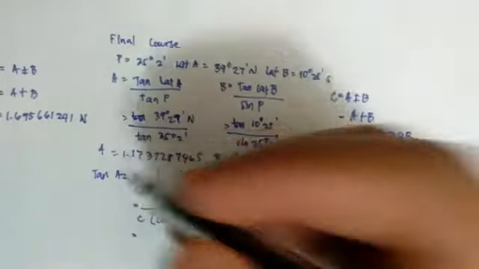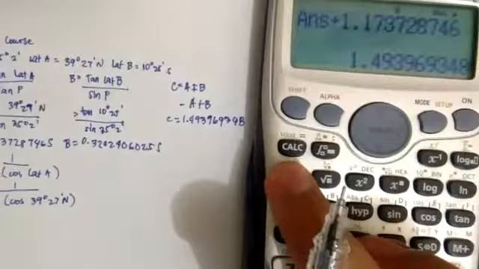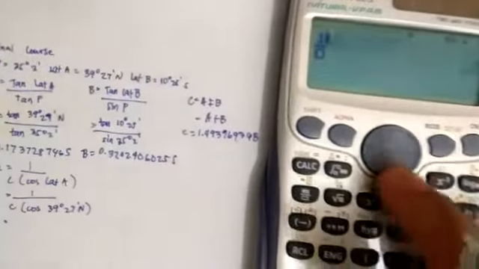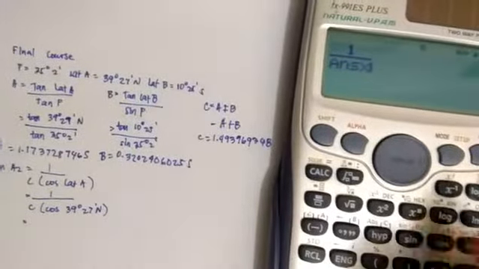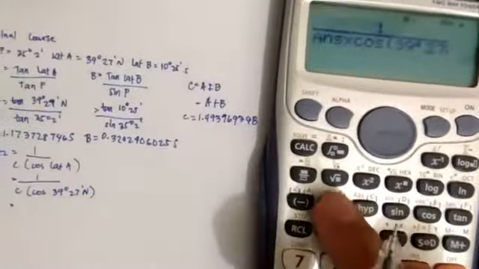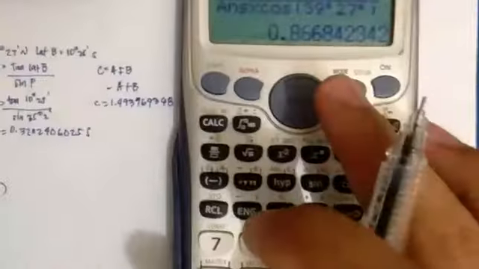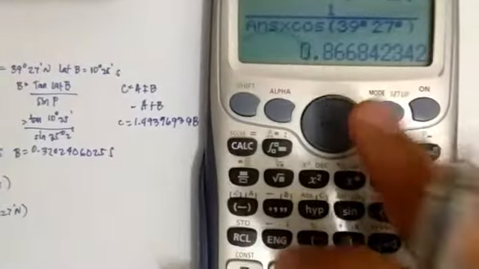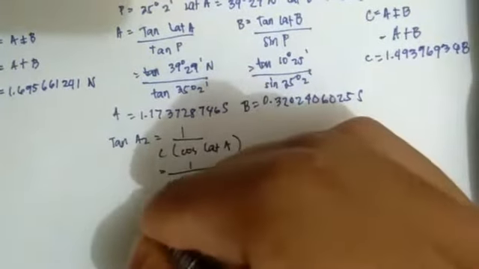We input 1 and our C times cos 39 degrees 27 minutes, and we will get this answer. To finalize, we need to inverse tan, since we still have tan here.